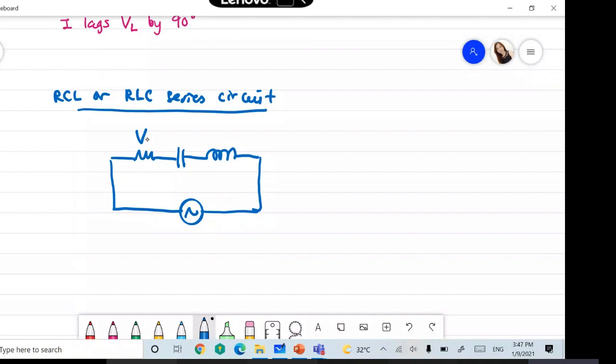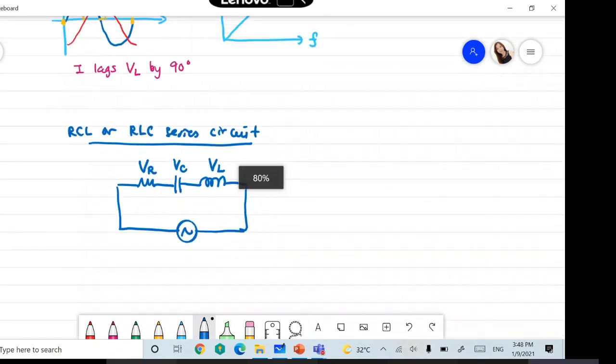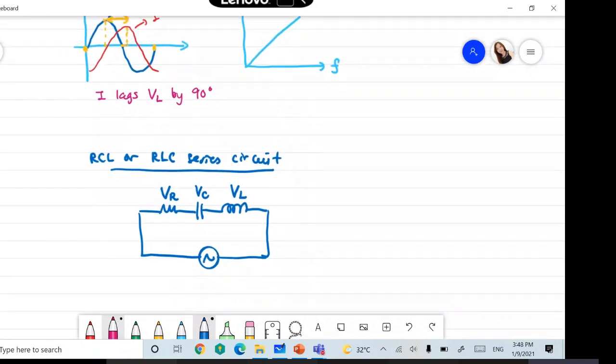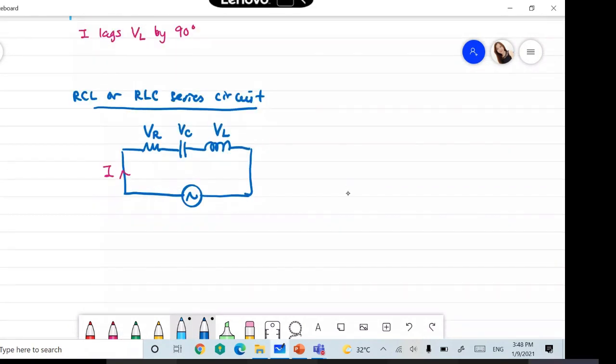The voltage across the resistor is VR, the voltage across the capacitor is VC, and the voltage across the inductor is VL. I know that the current flowing in this circuit is always I. The voltage across the resistor is VR, and the current and VR are in phase.